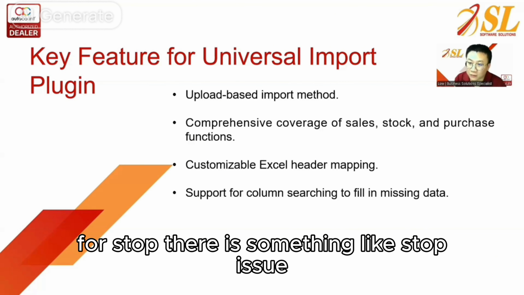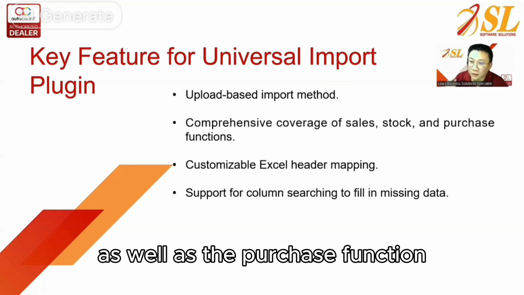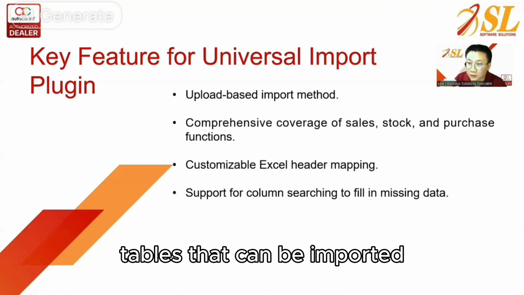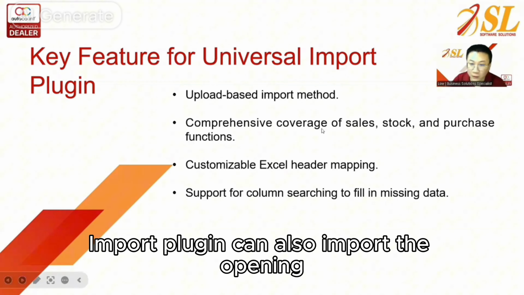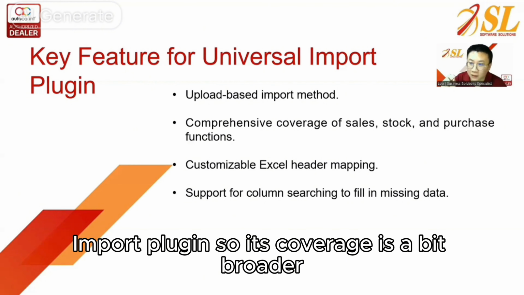There are also stock issue, stock adjustment, and other things, as well as the purchase function. If you want to see all the detailed tables that can be imported, you can visit my website, okay? This universal import plugin can also import the opening, the last year's accounting figures, so its coverage is a bit broader.